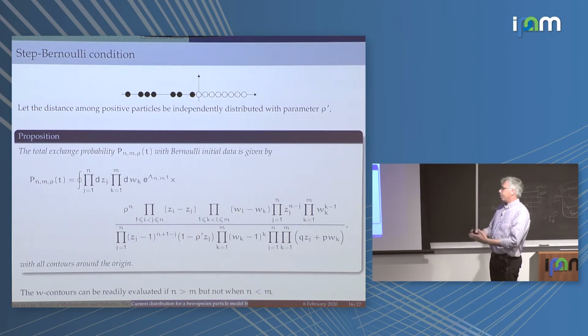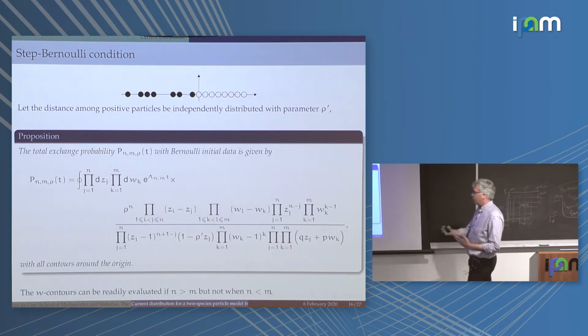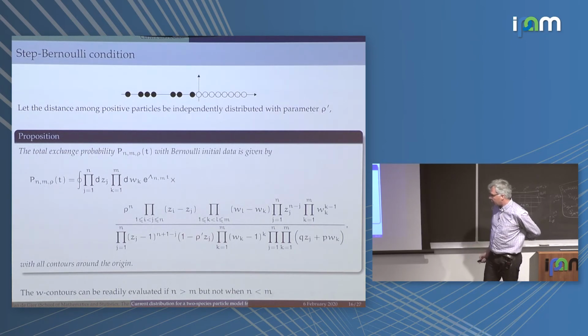And now we want to analyze this expression as time becomes large and as n and m become large in a certain scaling limit. So n and m move with time in a certain prescribed way. And you can imagine that this is not quite the right formula to do that, because you have to integrate over n and m variables.